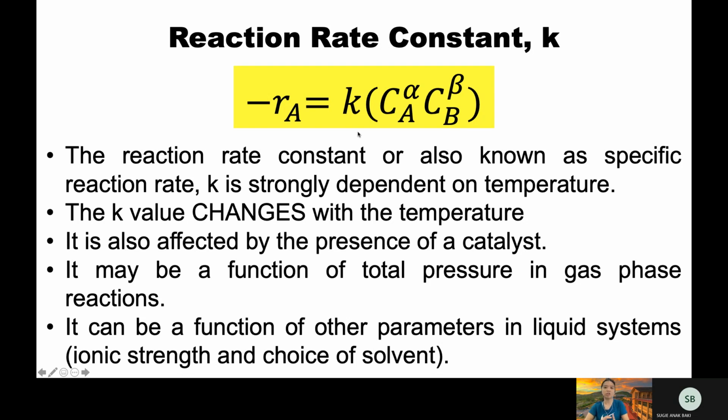Later I will teach you the equation. You can see a direct correlation: temperature goes up, K goes up, and minus RA goes up. Minus RA is the rate of reaction, so you are trying to increase the rate of reaction. A higher reaction rate means more A will react with time, so if more A reacts with time, you get more product. So that's why certain reactions go to higher temperature: they want to increase minus RA, increase K, increase minus RA, and increase the product.